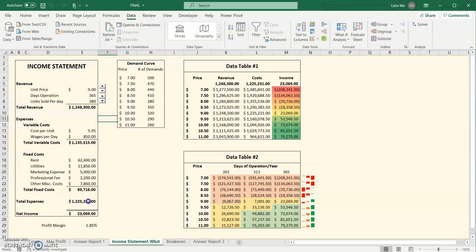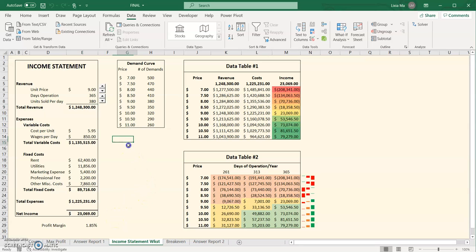If we add all the expenses together, it should be this number. And if we calculate it, the final net income the company should get is $23,069. Underneath it is a profit margin equation. By dividing the net income by the total revenue, it tells you how profitable the company is.